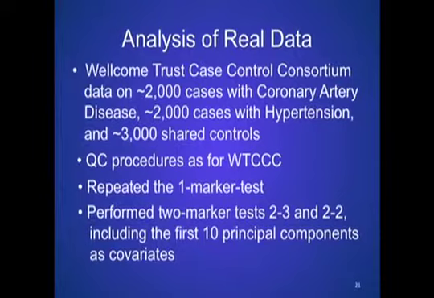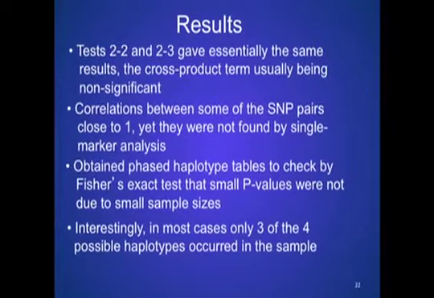So this is what happens. Results. We found that the 2, 2 and the 2, 3 test for the Wellcome Trust data, that's 500,000 markers, roughly evenly spread across the genome, gave essentially the same result, with the cross-product term usually being non-significant.